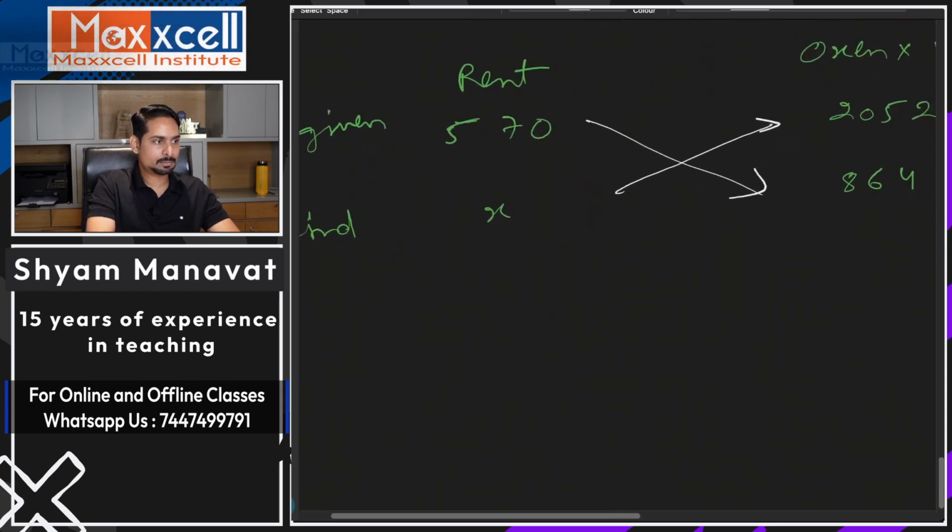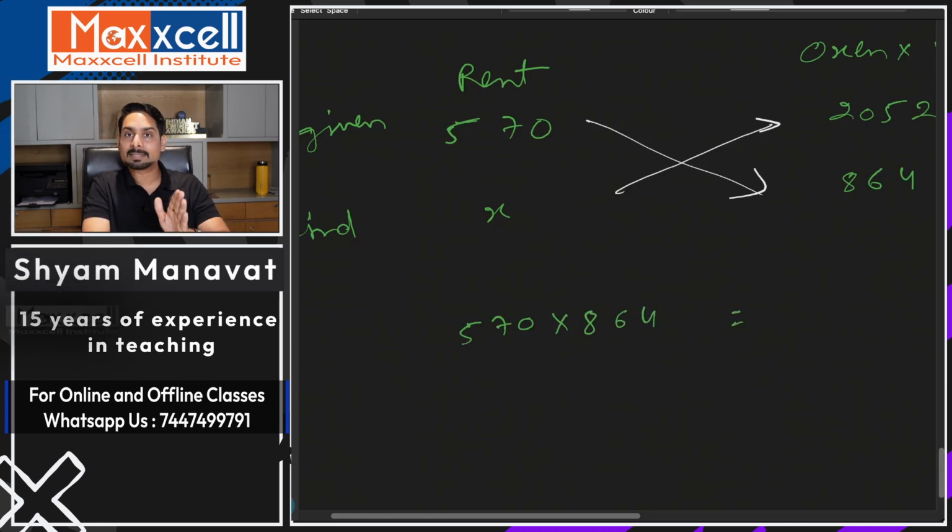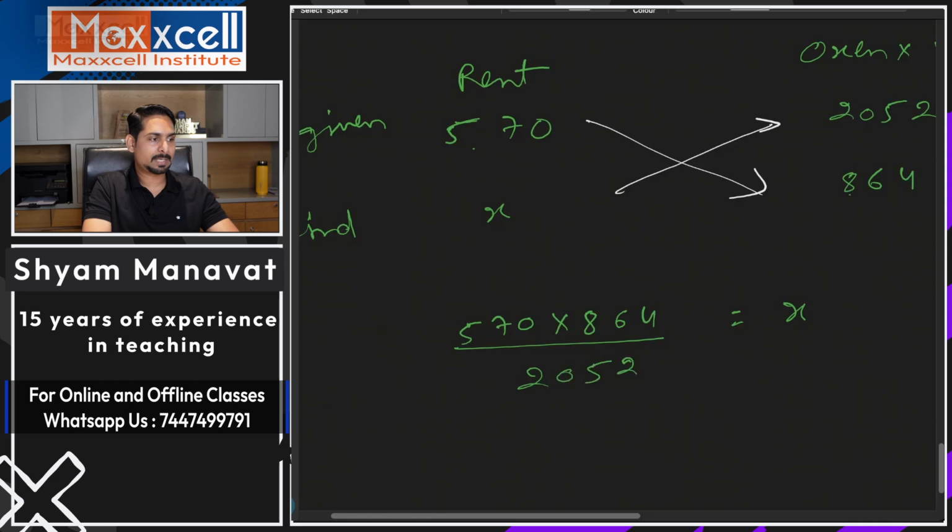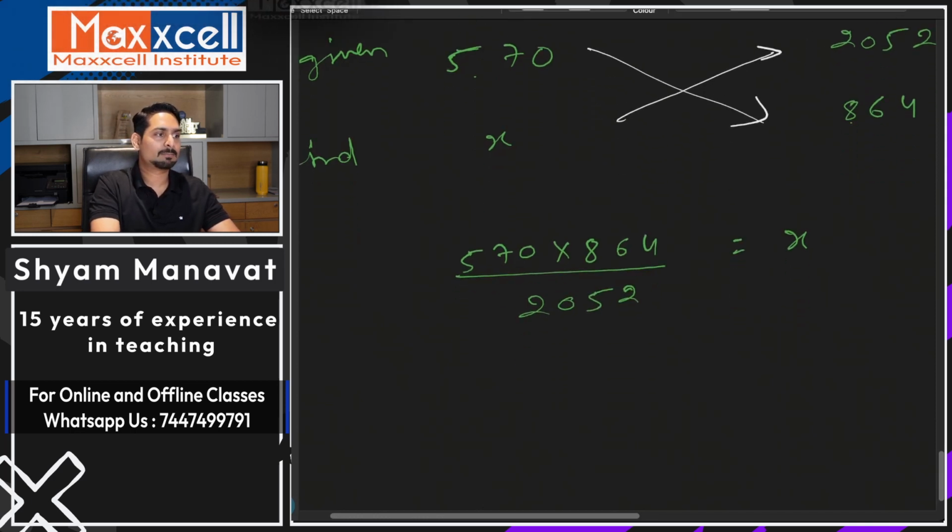So you got 570 multiplied by 864 equal to x into this. Now I told you previously also that I am going to skip one step, and write 570 into 864 divided by 2052 directly here. Now you need to cancel this and simplify.